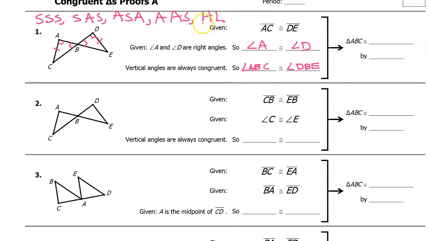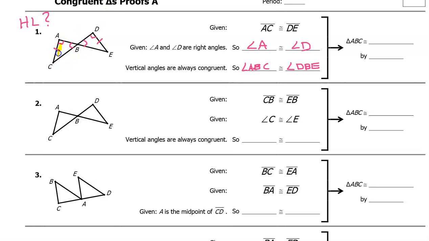That one is only for right triangles. So those are the only 5. So looking at this problem, I see that we have a right triangle. So the first thing you should do is ask yourself, is it hypotenuse leg?